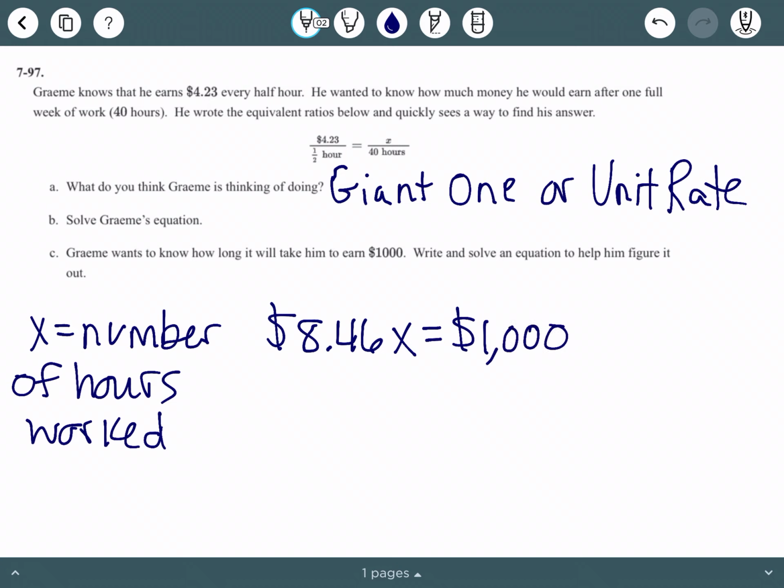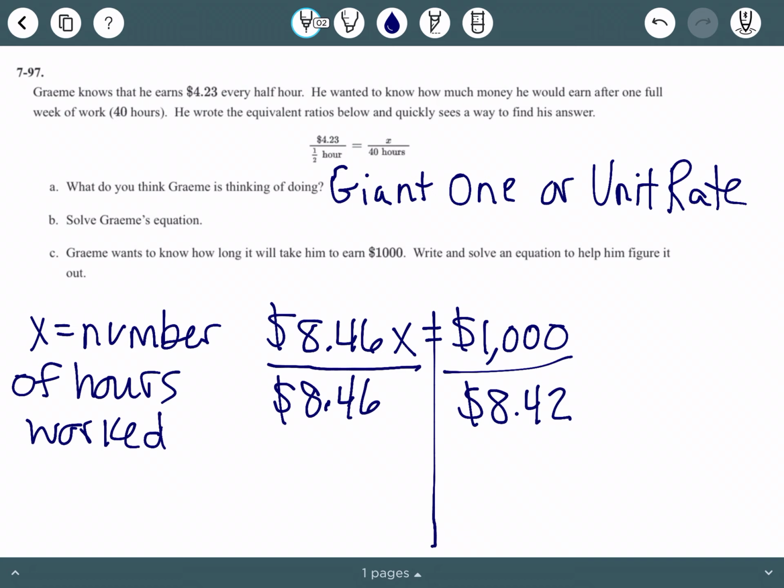All right, now to get this X by itself, I know that I need to divide by $8.46. And if I do that on my left side, I also need to do it on the right side to keep this equation balanced. So that means I'm left with an X on the left.